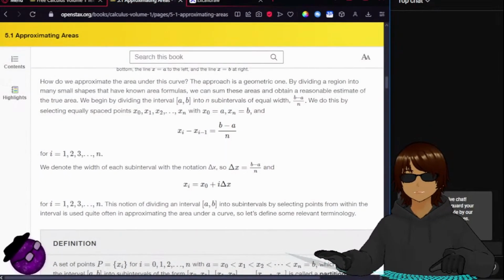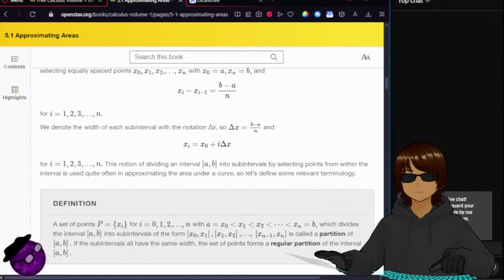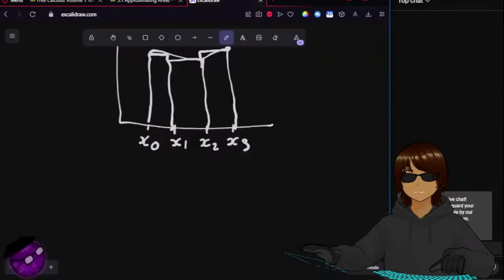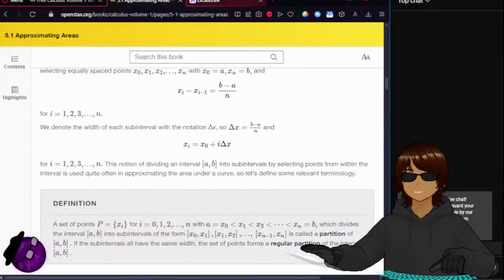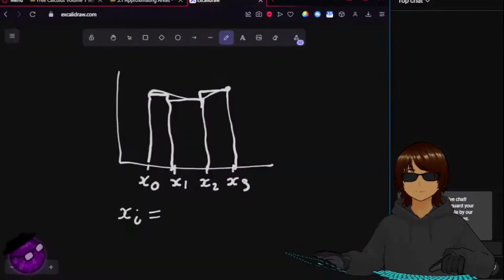So what's happening here? Okay, so xi is equal to... the space between them is delta x, and oh yeah, a and b are the starting positions, right? So this is b, this is a.